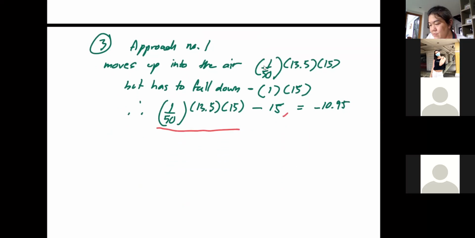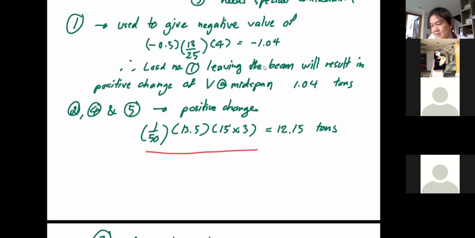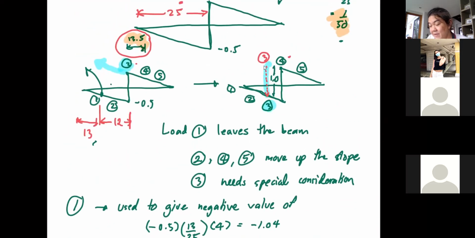Okay, approach number 2. You're just going to have to calculate the values from this. First, load number 3 used to give you the positive value equal to 0.5 multiplied by the load.